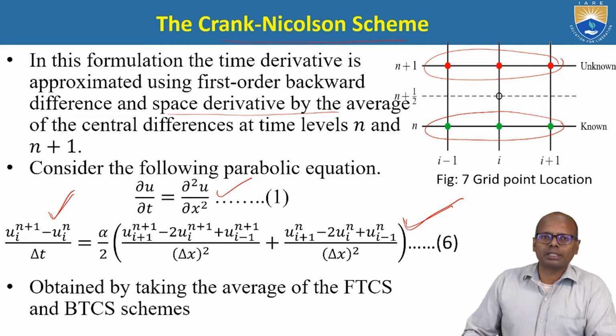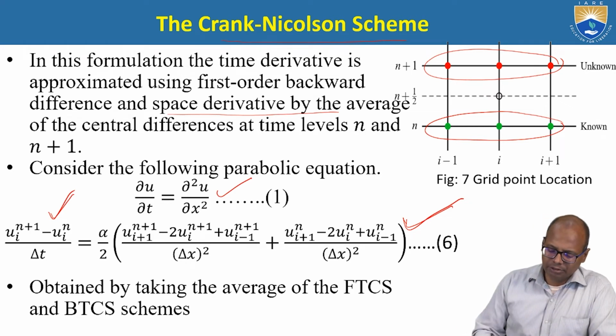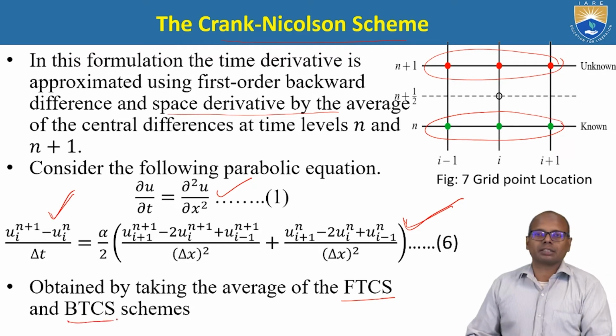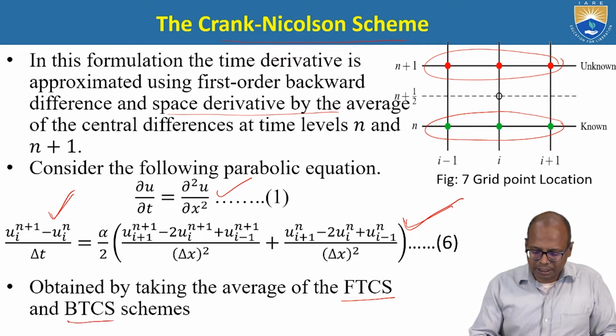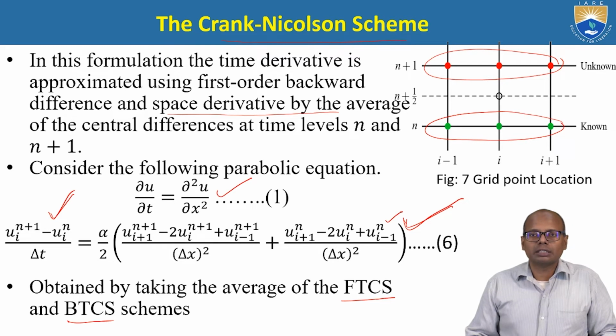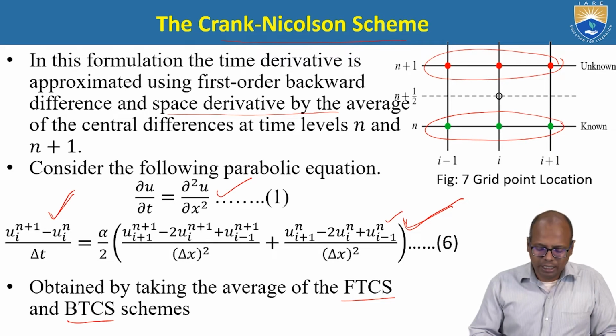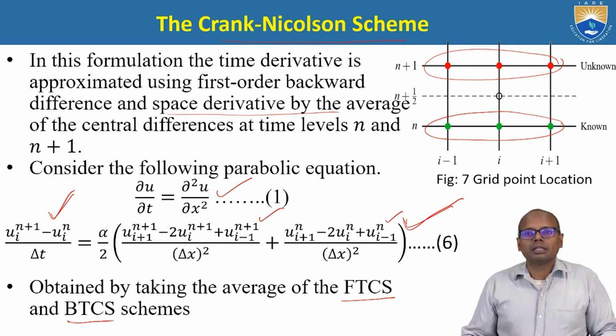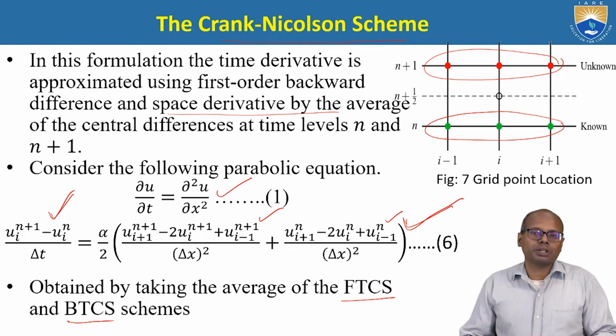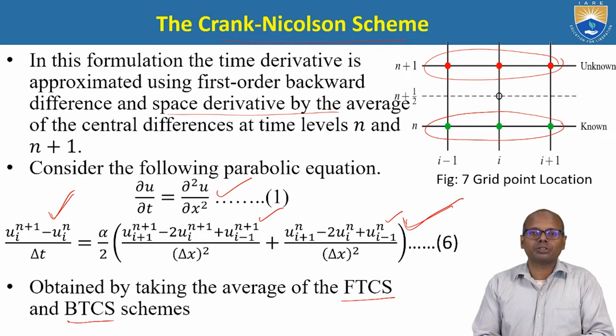Now, if I observe it, what we can say is it is an average of the FTCS scheme and the BTCS scheme. In the FTCS scheme, I am using the central difference for space, and in the BTCS scheme, I am using the central difference for space. So I am taking the average of these two.